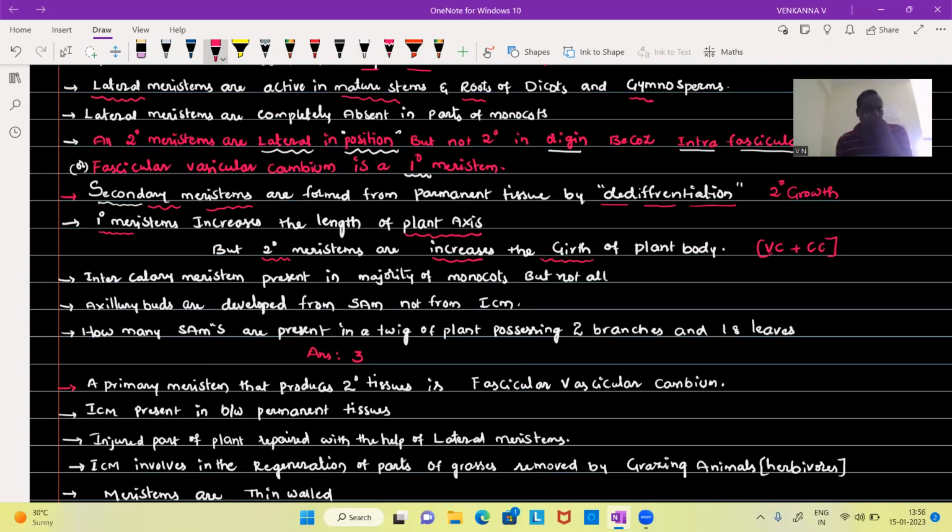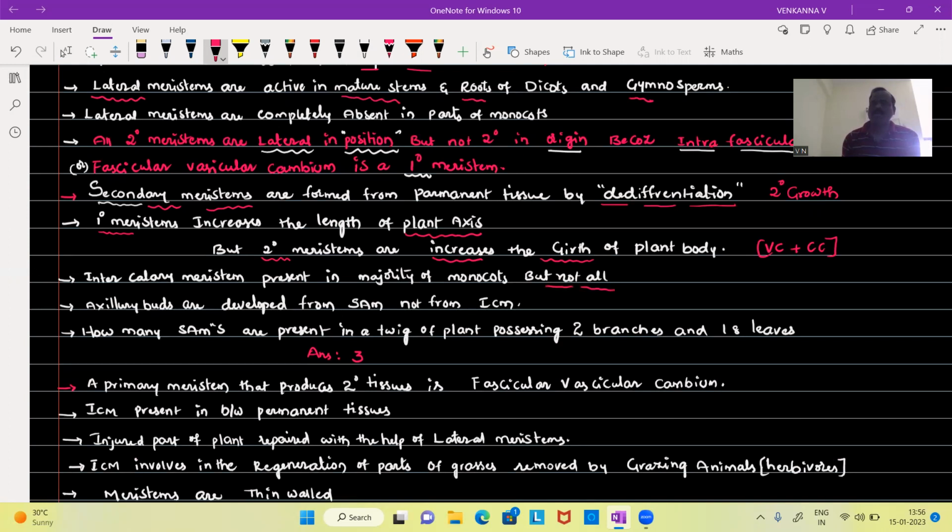So both vascular cambium and cork cambium are responsible for increased girth or width of root and stem in dicots and gymnosperms.